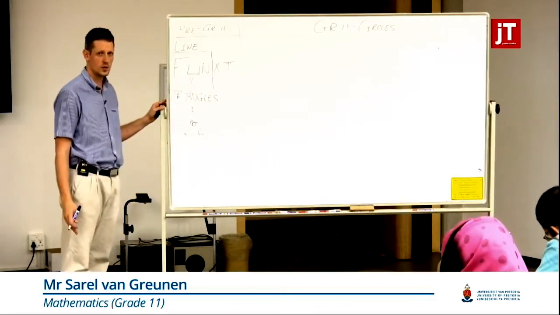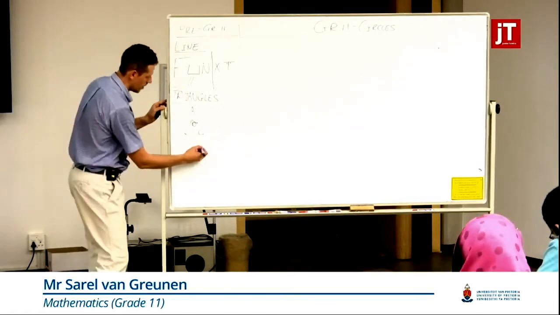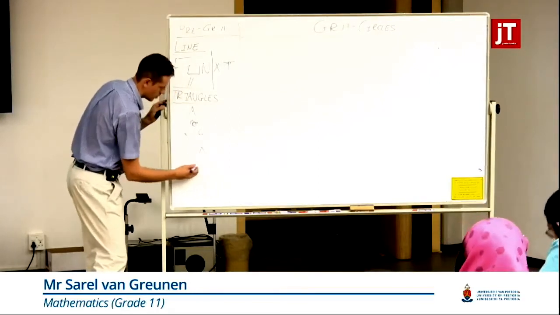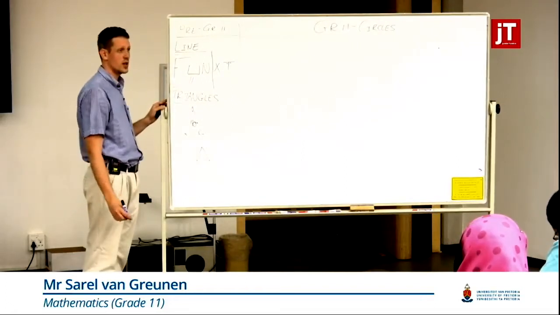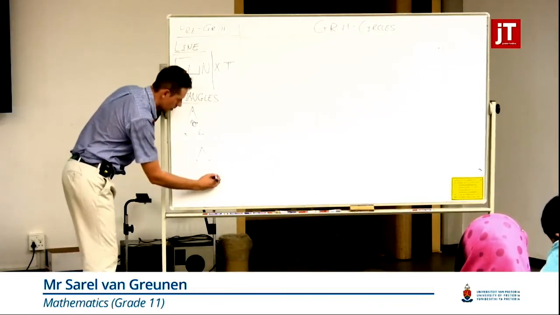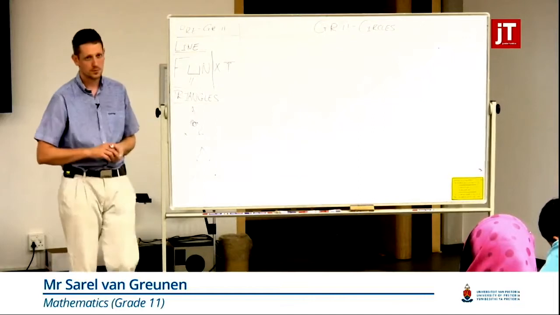All of you guys are with me on that one? That's one of the axioms I talked about earlier. Then as well, if I have an isosceles triangle, then the opposite angles will be equal.